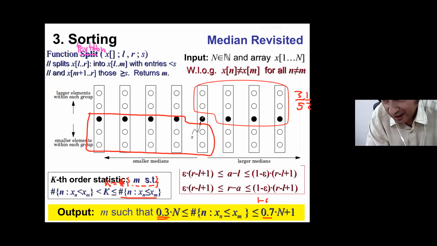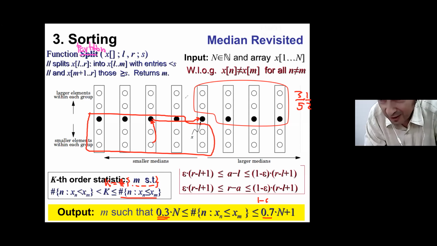Because this is less than that, and this is less than that, this means that this is less than that. So everything in the red area is less than the element x, and by the same argument, at least 30% of the elements in the whole area n are in this red area. So at least 30% of the elements are less than x, and this is where this 0.3 comes from.